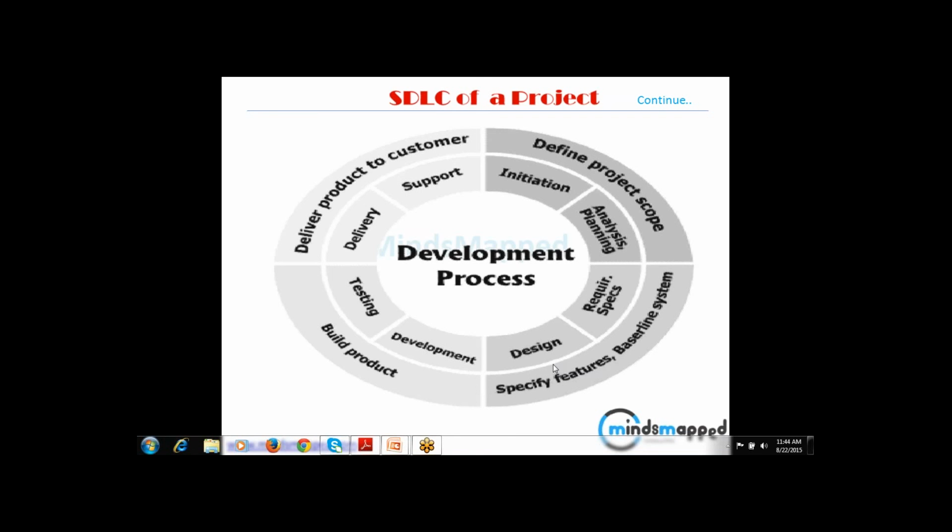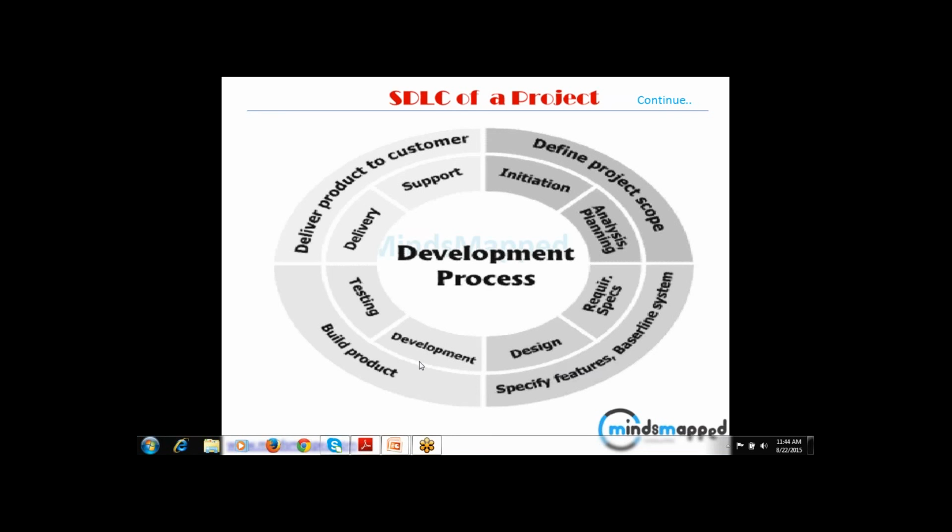And the next phase is the product. You've already defined the scope, you've defined the requirements, you've told, okay, this can happen, this cannot happen. You've got an agreement with the customer. Now the real work starts, which is development.